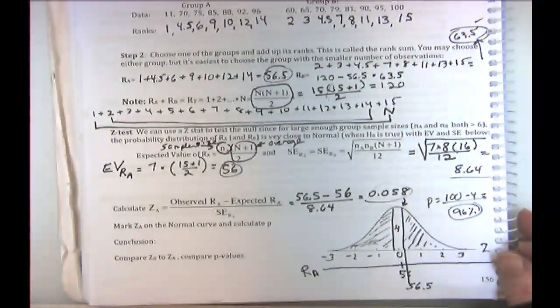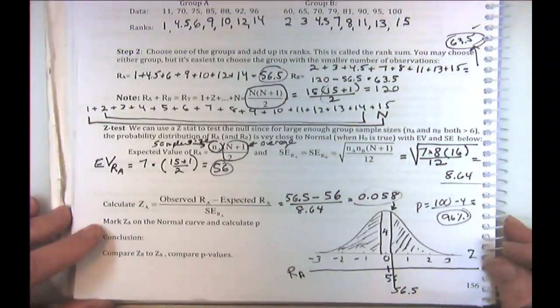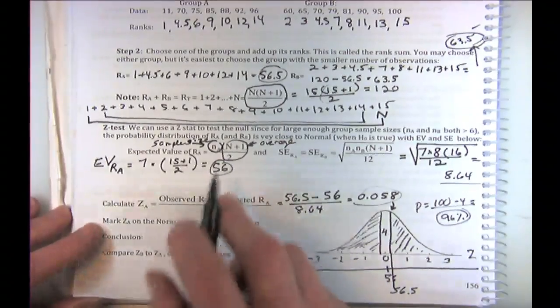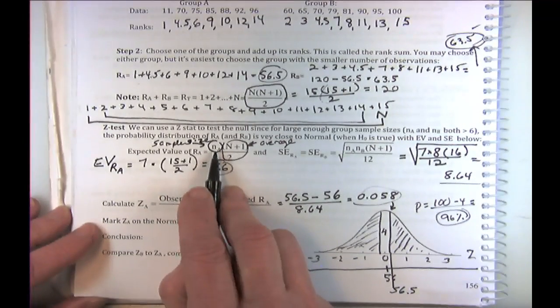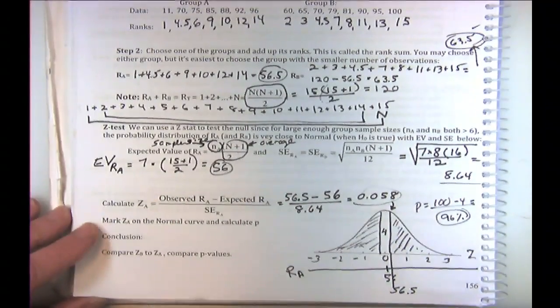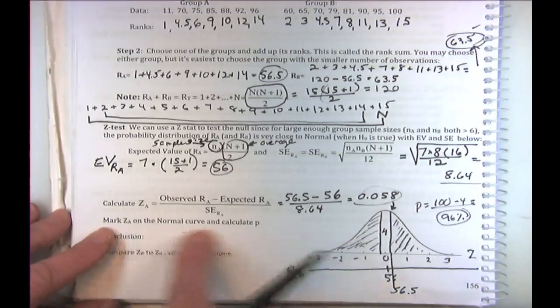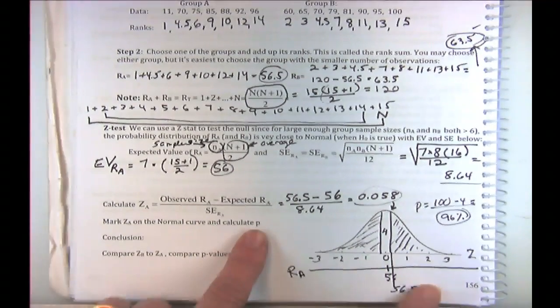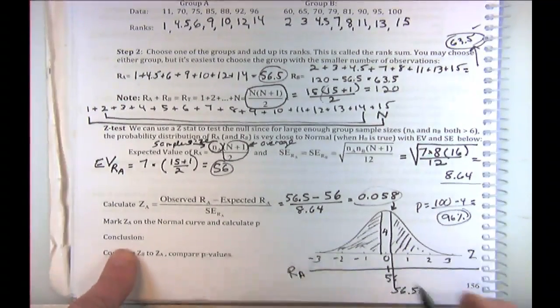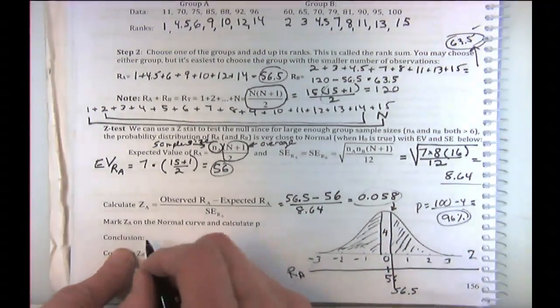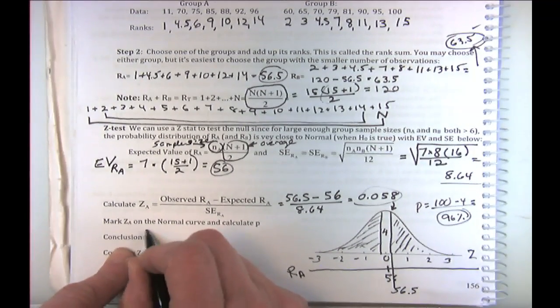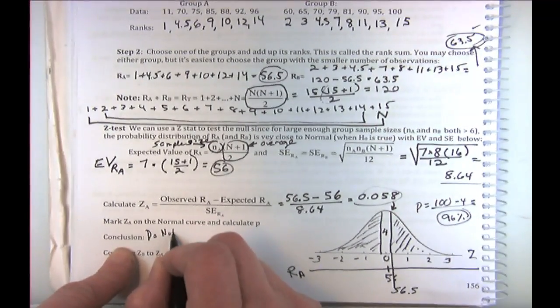So now, it's n, whatever your sample size is, times n plus 1 over 2. So now we marked it, we calculated the p, we did all that. Our conclusion is what? Obviously, do not reject the null.